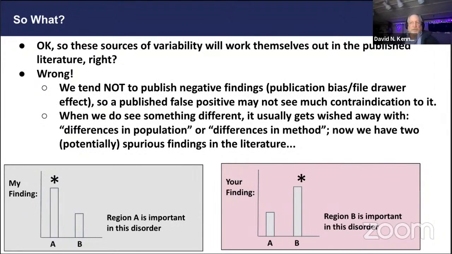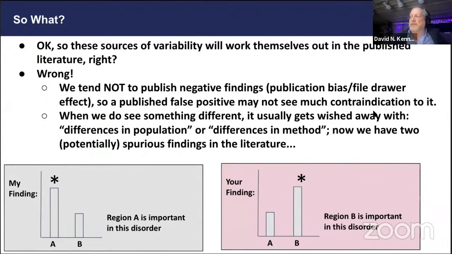So that a given published false positive may not see much contradiction to it, because people don't want to publish the fact that no, that region didn't show up. They'll usually go and look for something else that did show up and publish that. So when we do see something that's different, it usually gets wished away with statements like, oh, our population of autism subjects is a little bit different, or oh, we used a different method, so it's okay that we're getting different answers.